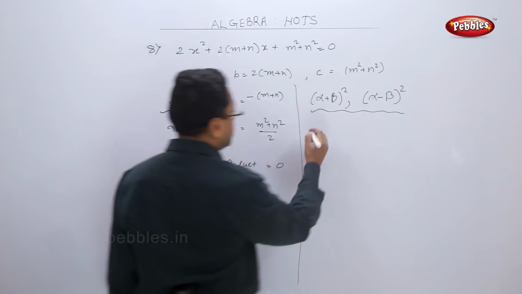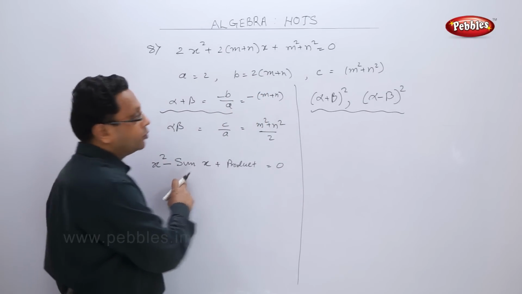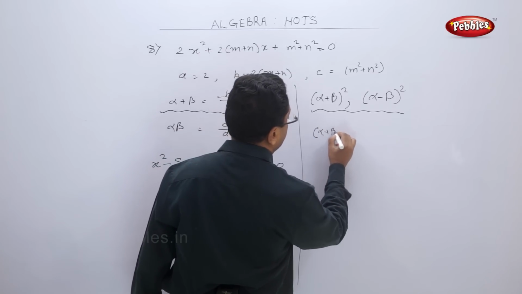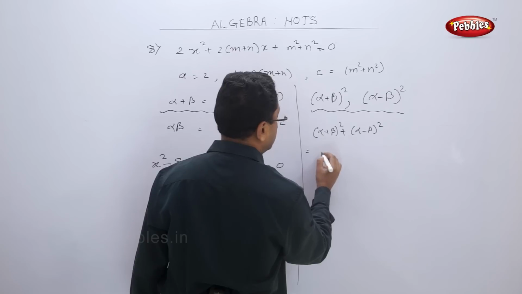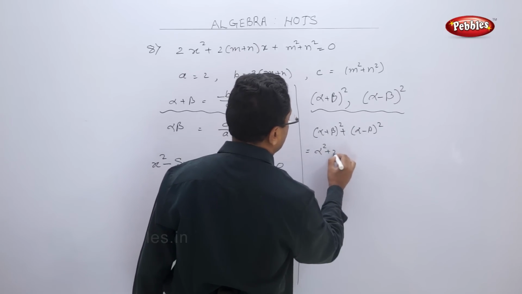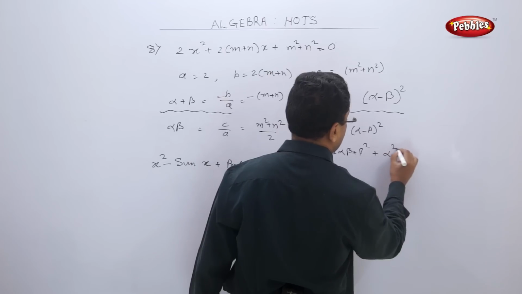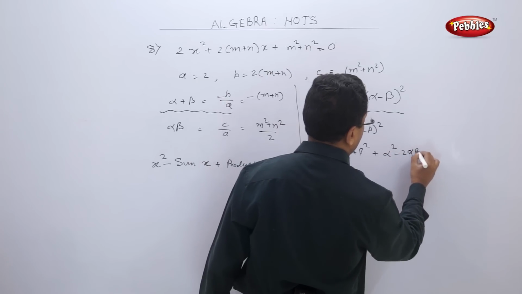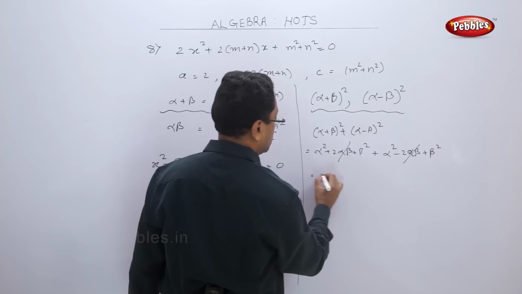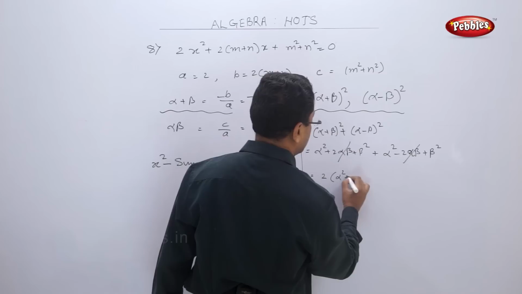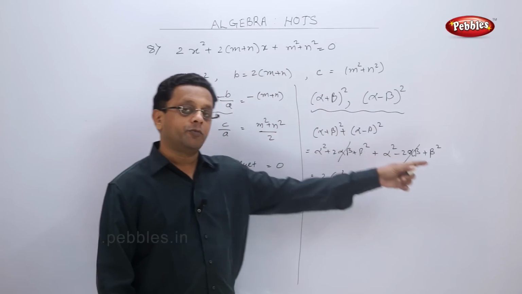Okay. Now in this case, as we want the sum of the roots, it is (alpha + beta)² + (alpha − beta)², and you know that this will give you alpha² + 2 alpha beta + beta² + alpha² − 2 alpha beta + beta². This will get cancelled, so I will get 2 alpha² + 2 beta².